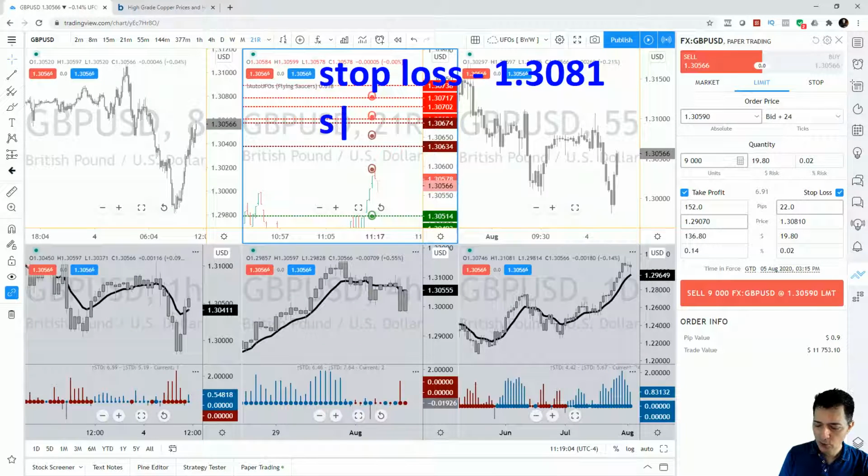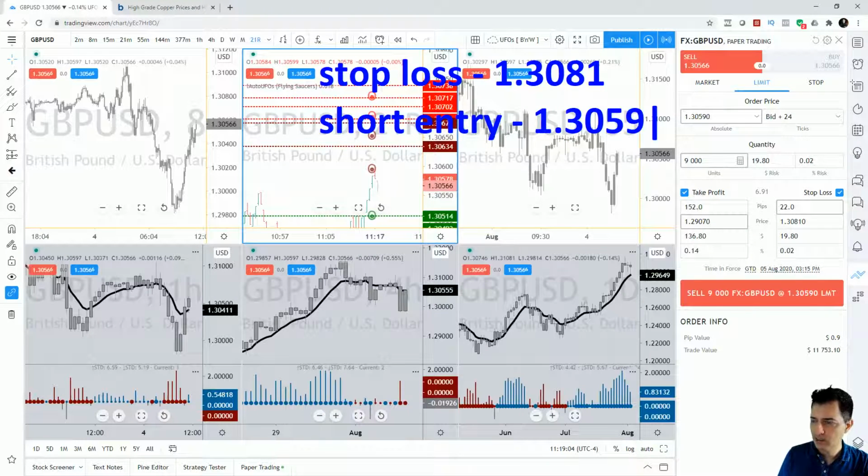The short entry for the pound will be located at 130.81, which is where the UFO is on the screen. We would have a safety target located at the same distance below, which is 22 pips below.